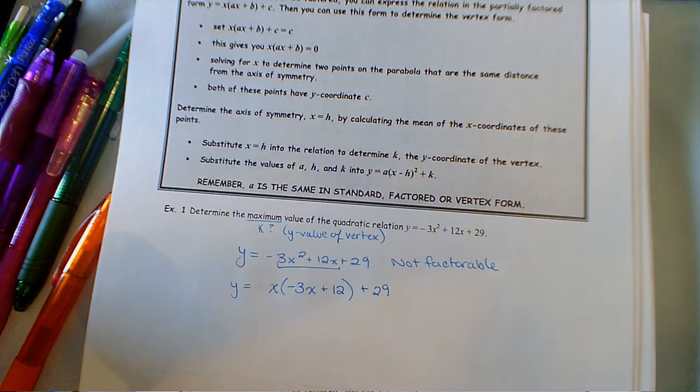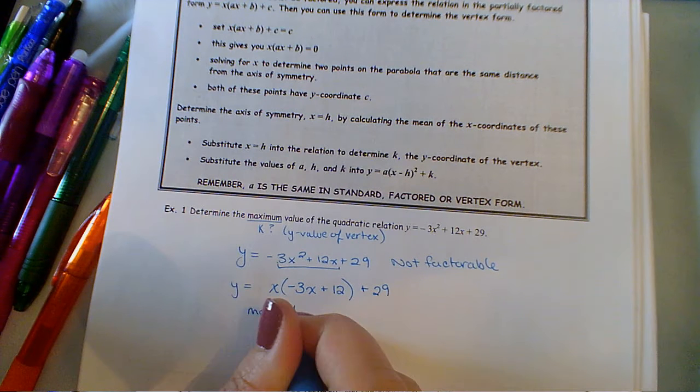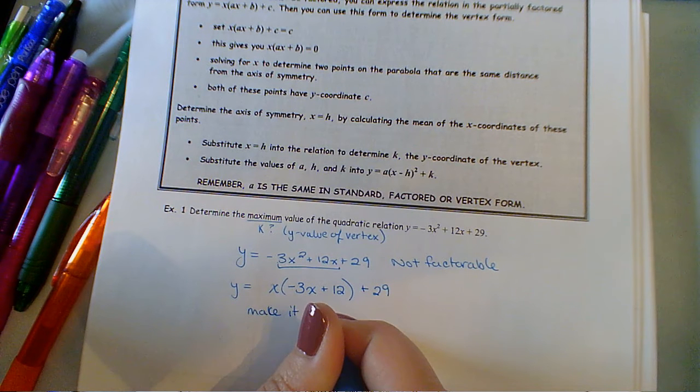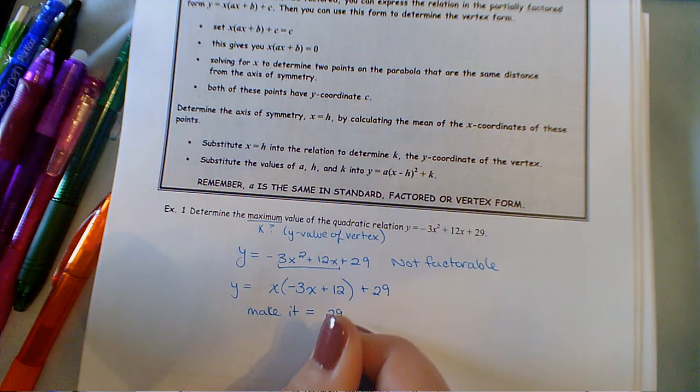So all I did was steal an x from the first section, and an x from the second section. Okay, now we're going to make it equal 29. So put a 29 on that side.